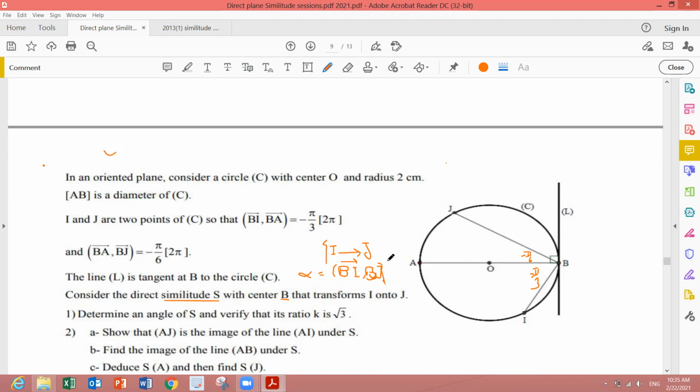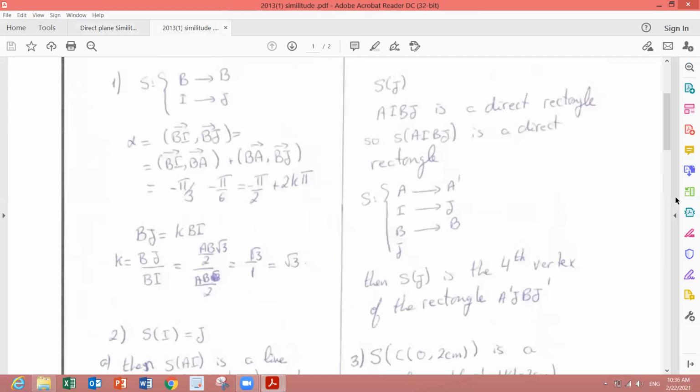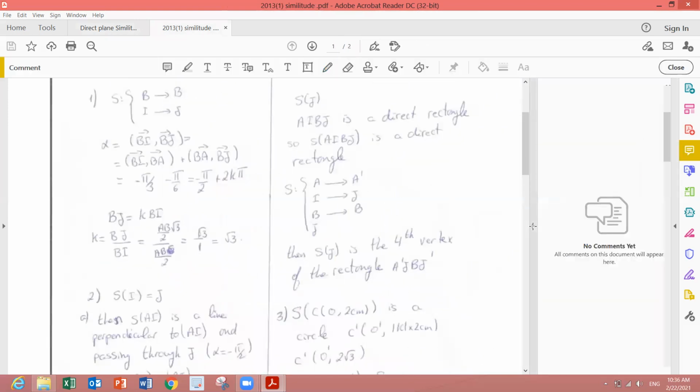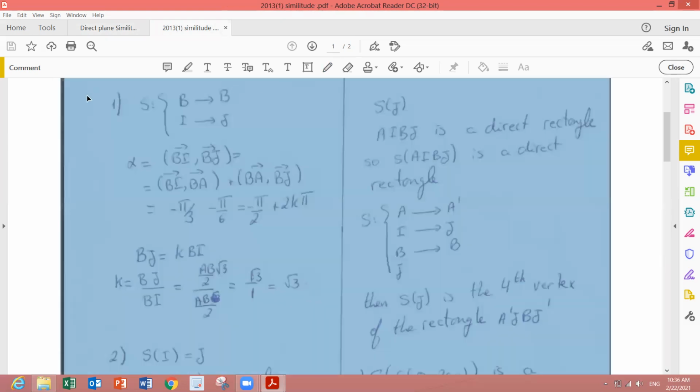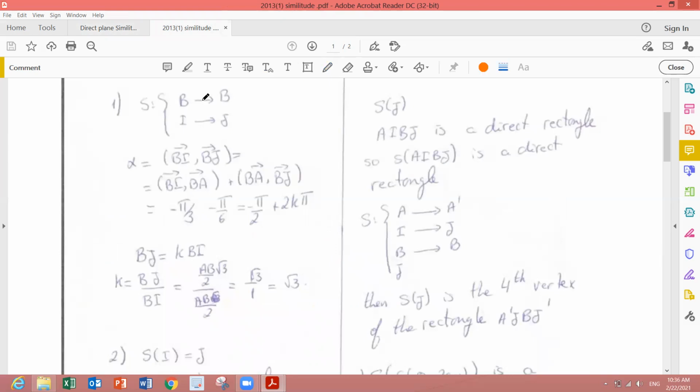Now the angle BI BJ is minus pi over 2. How to calculate the ratio BI over BJ? In triangle BJA, semi-equilateral, yes.